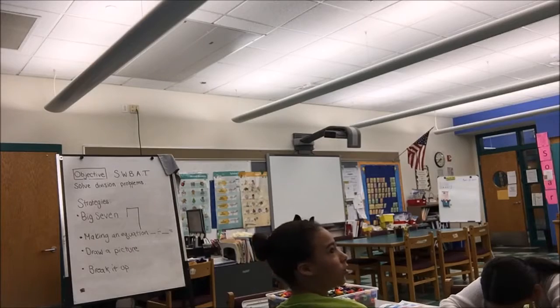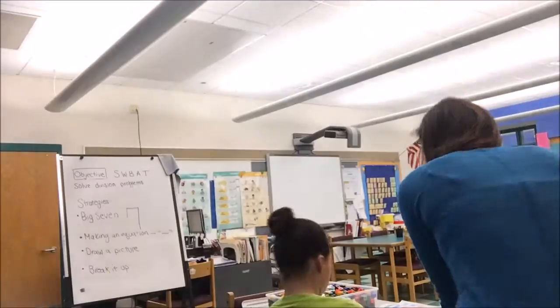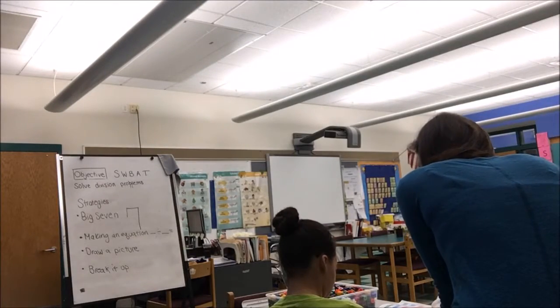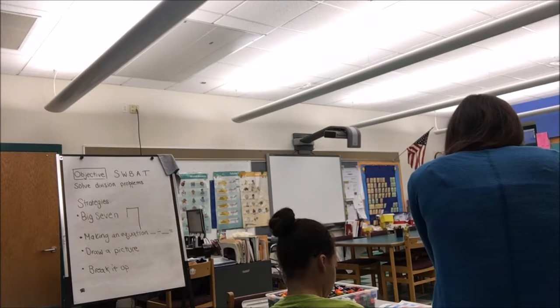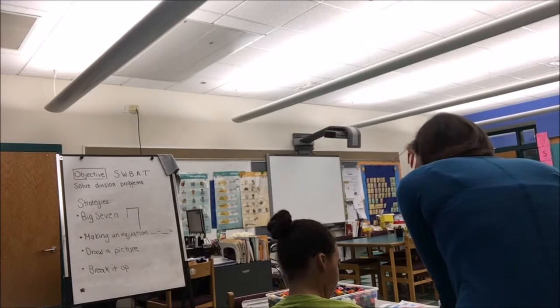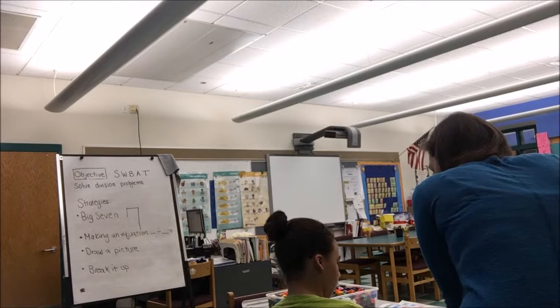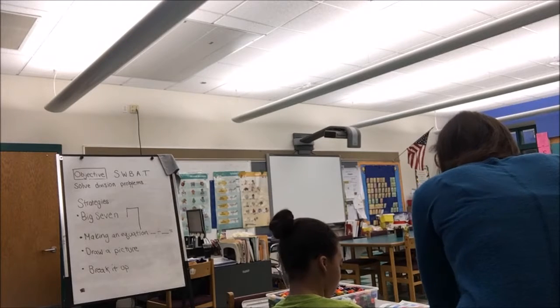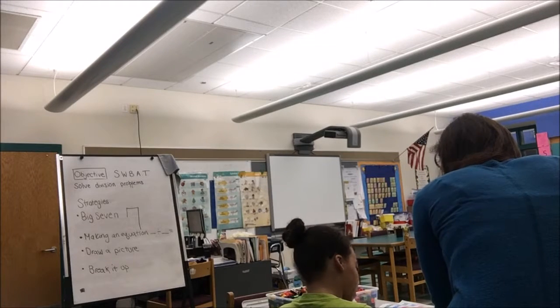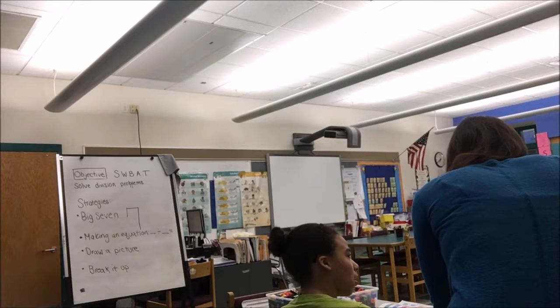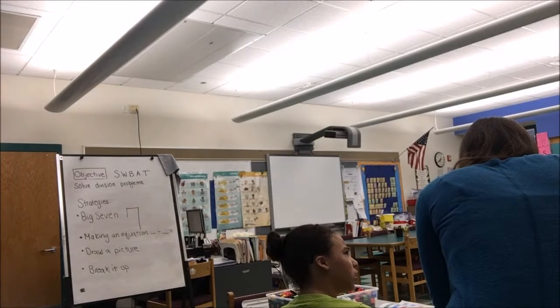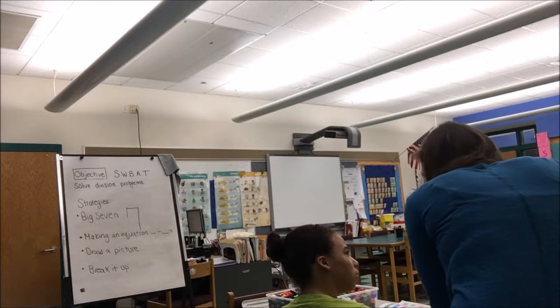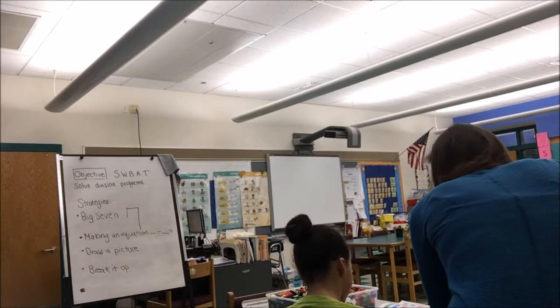Nothing equals 42. Exactly. Okay, so my suggestion, how could we draw a picture? Let's start with an easy one. What could I draw? 42 what? But 3 can go into 42. Okay. What can I draw 42 of?